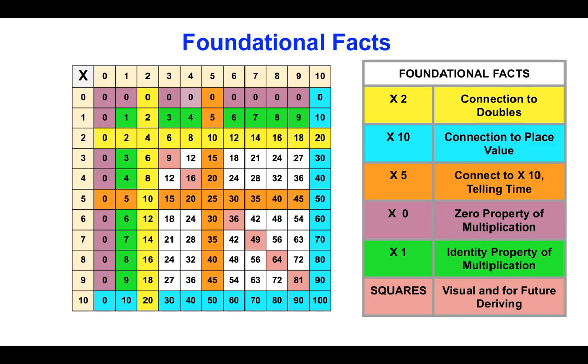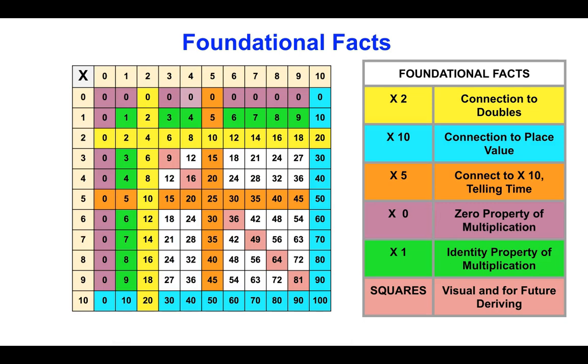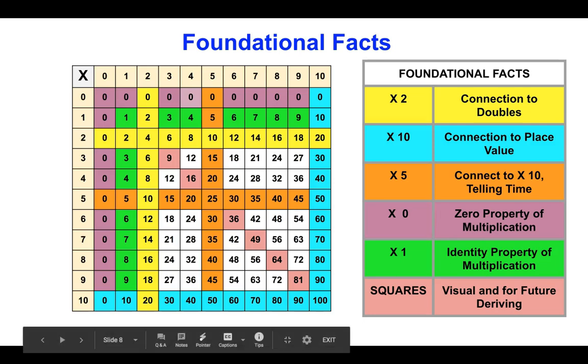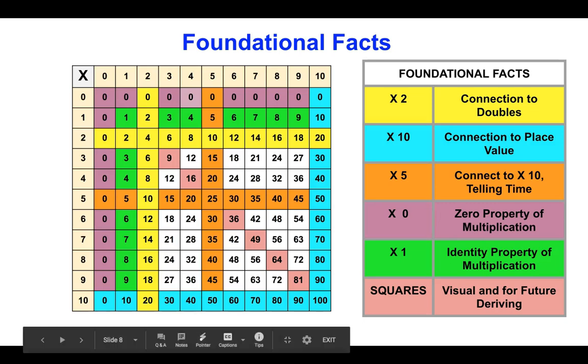However, the reason these squares are foundational is we can work from those and derive other facts. Lots of them, okay? So keep those in mind. Those are going to be the most difficult foundational facts for our students to learn, but there's also not a lot of them left, if you will, if you look at the diagonal here, okay?